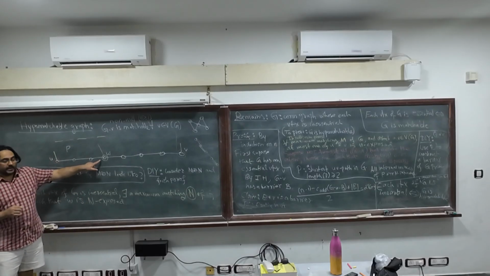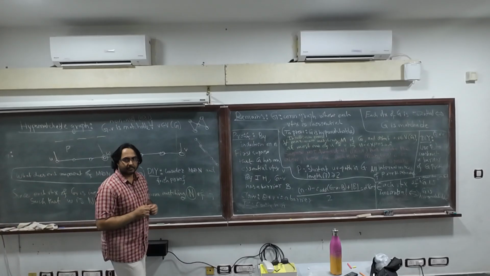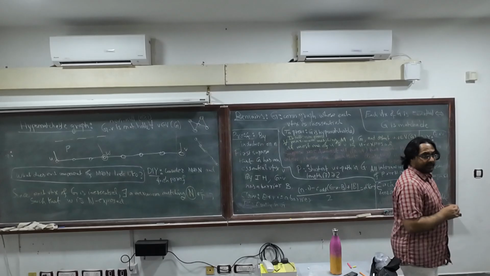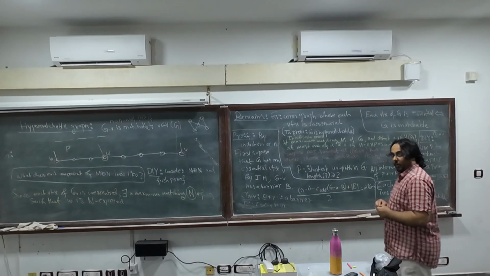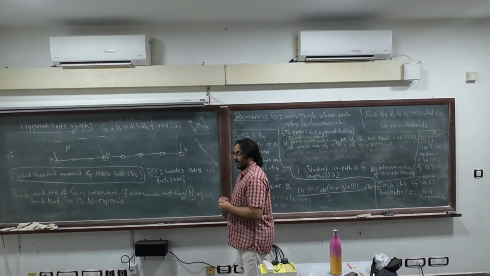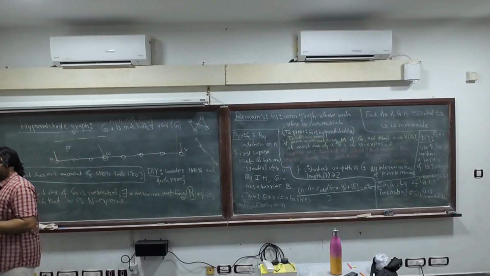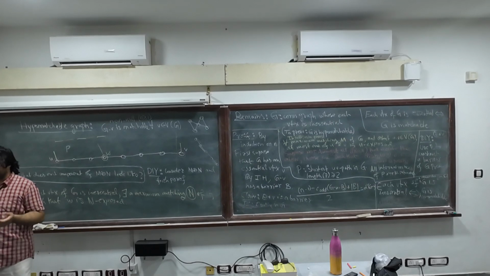Consider the path that contains U, V and W. Do you agree that all three belong to paths? Because their degree is 1 in the symmetric difference of M and N. And in fact, they have to be ends of paths because they are degree 1. They can't be internal vertices of paths. So U, V and W are all going to be ends of paths in M symmetric difference N. Consider the path that contains W, which means W will be one of the ends.